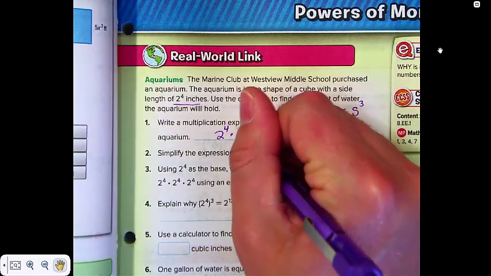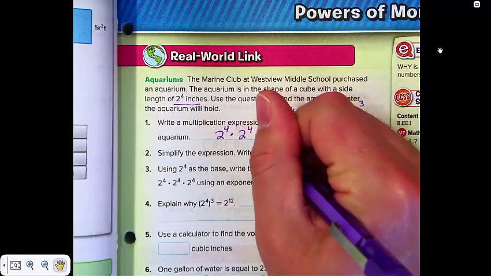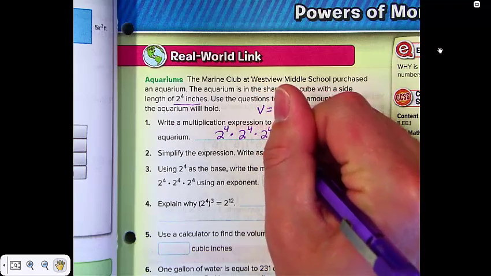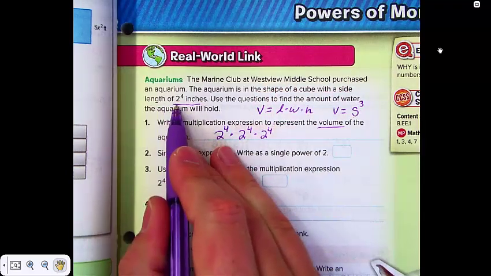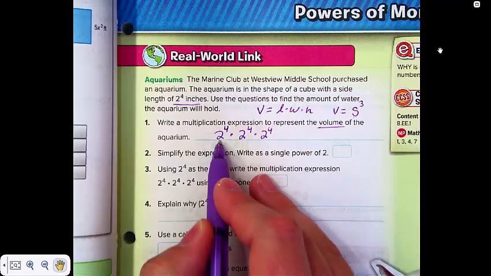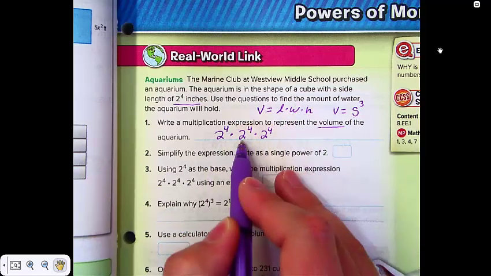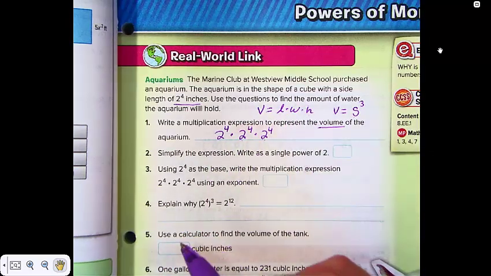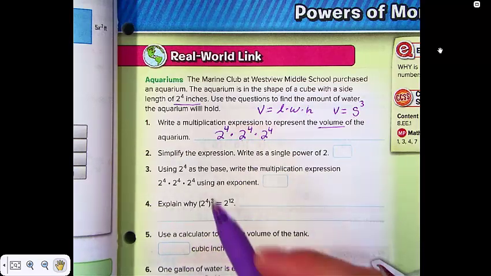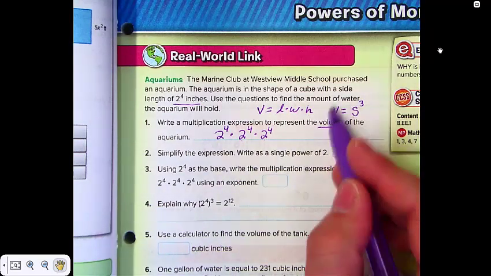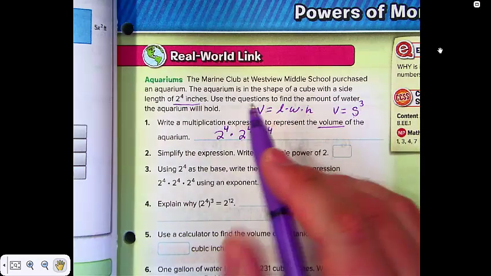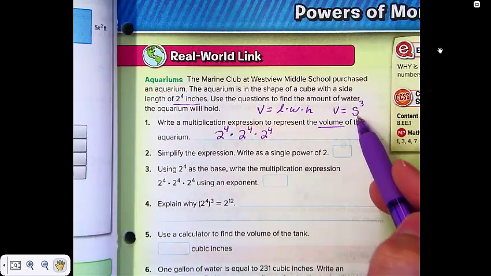So to write an expression for that, you take the length, the one side you know, then you know your width and height are the same. So we just fill those in, multiply them all by each other, and it's the same thing as taking S, the side that we have, to the 3rd power.